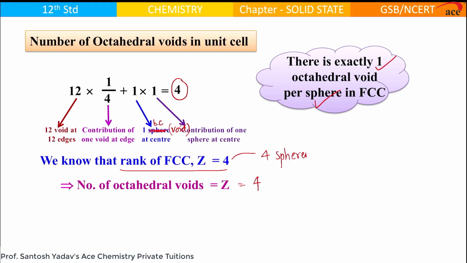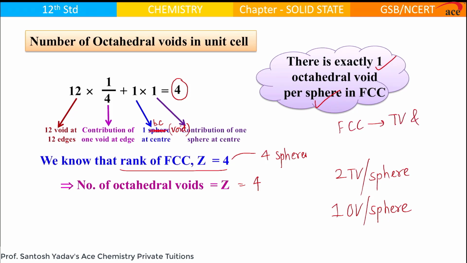Earlier there were 2 tetrahedral voids per sphere, and now we have realized 1 octahedral void per sphere. Remember, FCC is made up of 2 types of voids, tetrahedral voids and octahedral voids, 2 tetrahedral voids per sphere and 1 octahedral void per sphere.